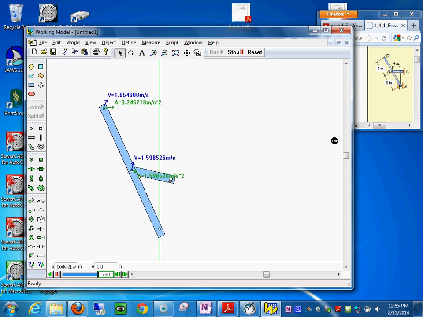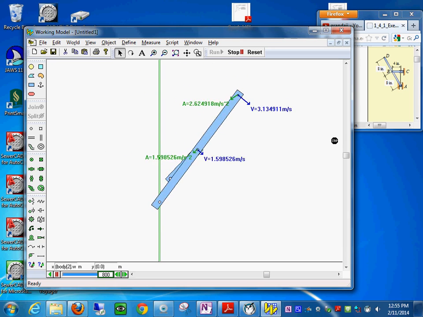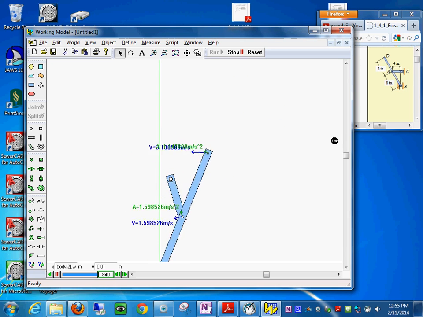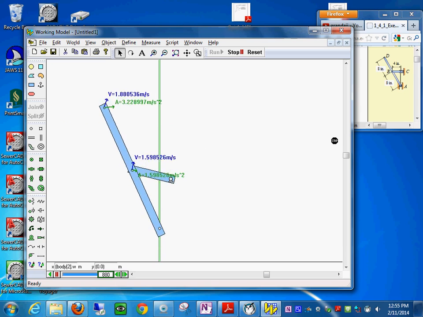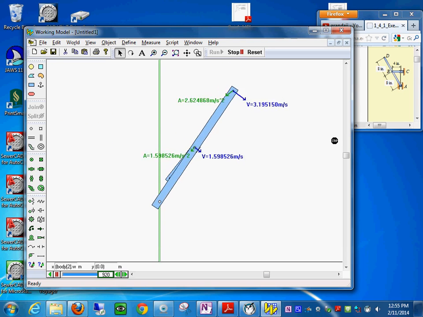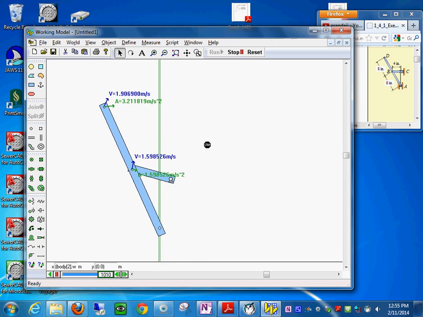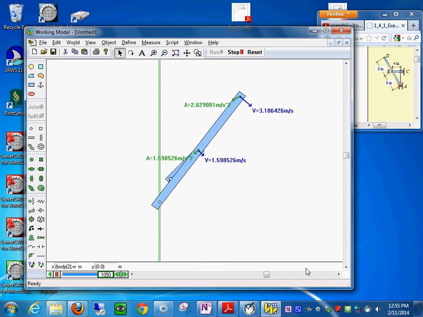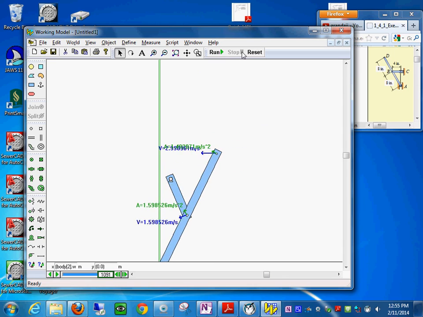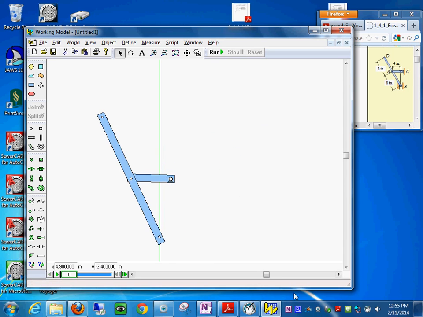So now we need to build this with the correct dimensions to solve our problem, but basically this is how you build the mechanism. You don't have to do it in the same order as I did, but you could. Okay, so there's a stop and reset.